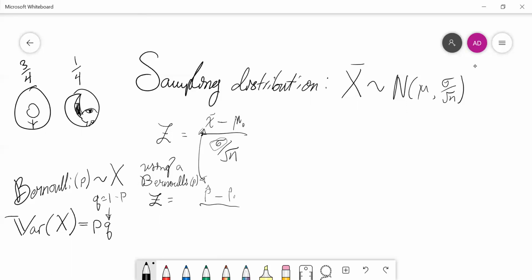So our p would be 3/4 and our q would be 1/4. So this q is really just 1 minus p.